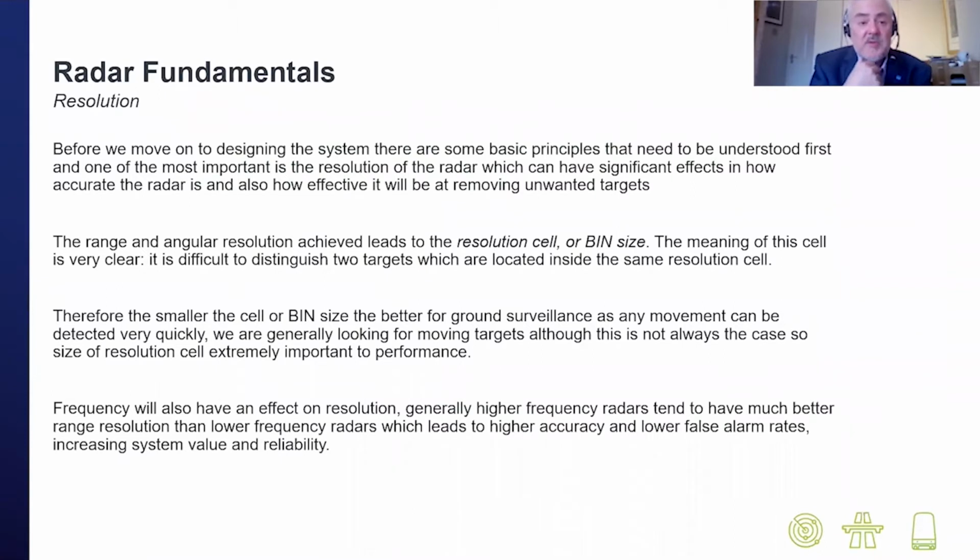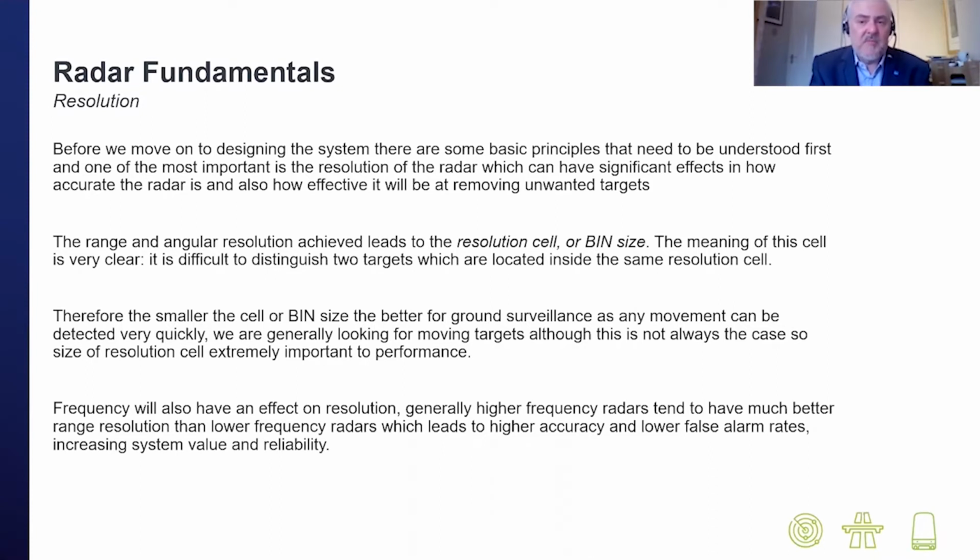Before we move on to actually designing the system, there are some basic principles that need to be understood first. One of the most important of these is the resolution of the radar. This can have significant effects on how accurate the radar is, and also how effective it will be at removing unwanted targets. So the range and angular resolution that the radar provides leads to something called the resolution cell or bin size.